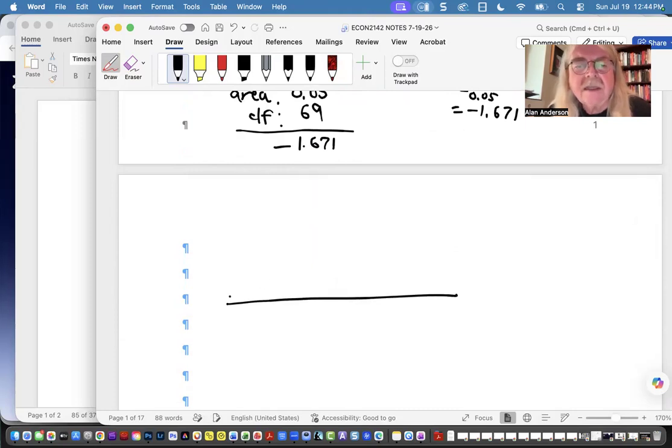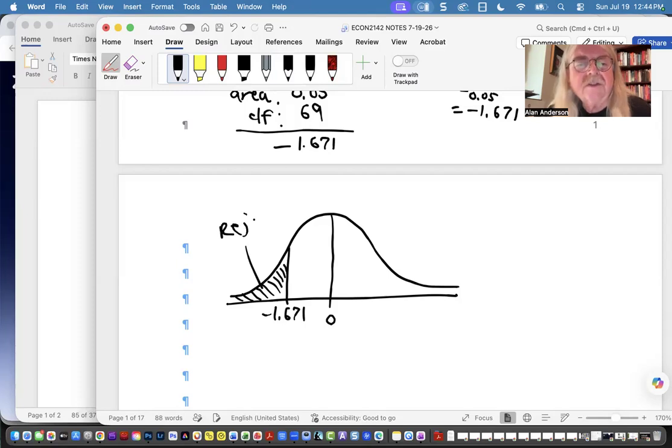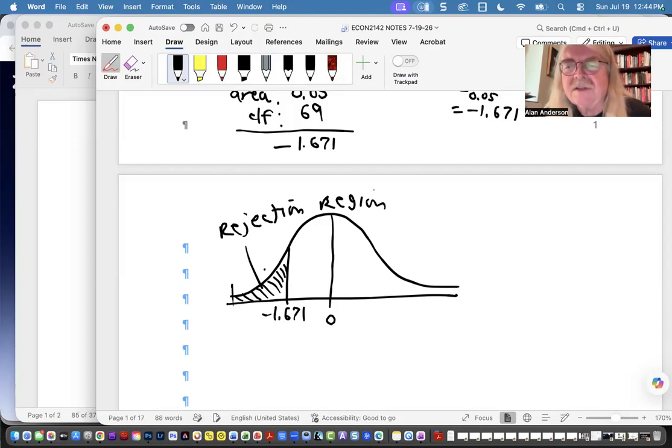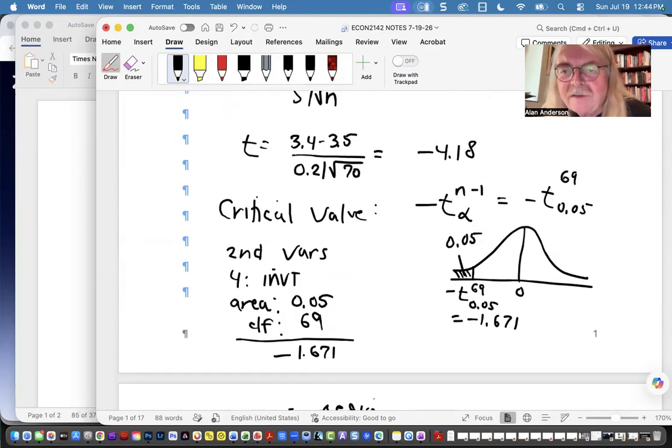And any test statistic to the left of that will lead us to reject the null. This is our rejection region. But of course, the test statistic is enormously negative, negative 4.18.